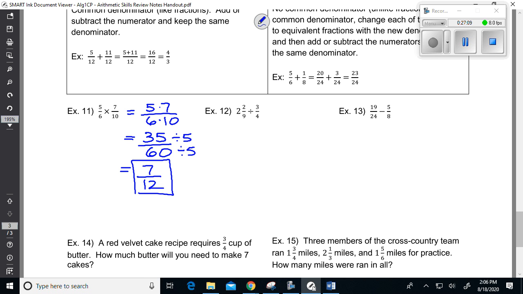Boom, that's it, we're done. Any questions on 11? This one I'll go more one by one since I know fractions is not everybody's strong suit.